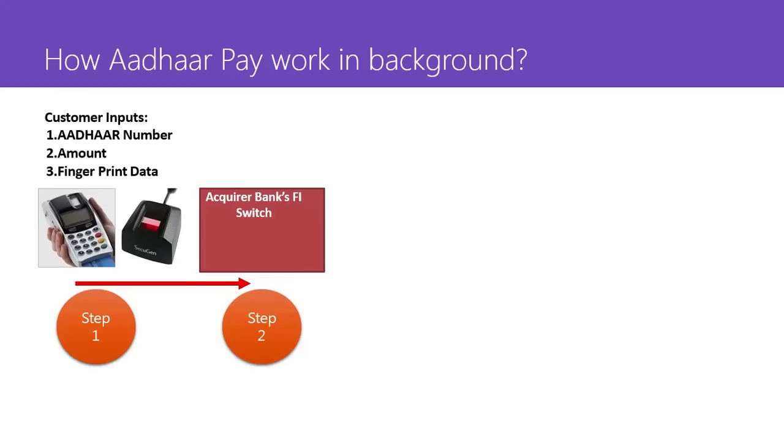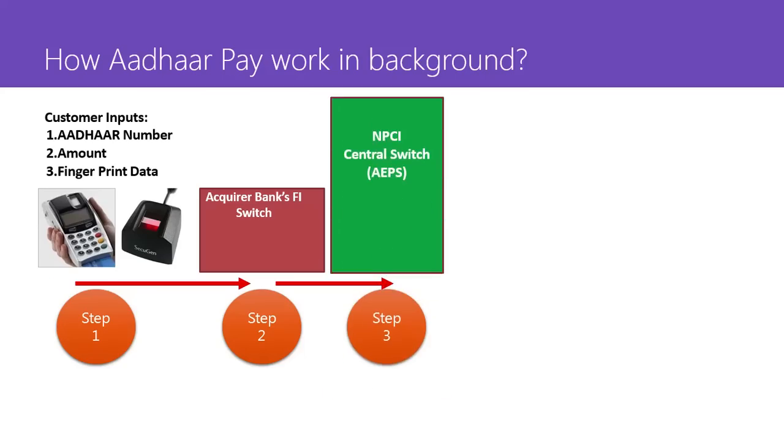acquirer banks. If I am the merchant and I have an account in State Bank of India, it goes to my network, right? If the machine has been provided by SBI, and I have linked my account with SBI, then it goes to SBI. From there, it goes to the National Payments Corporation of India.